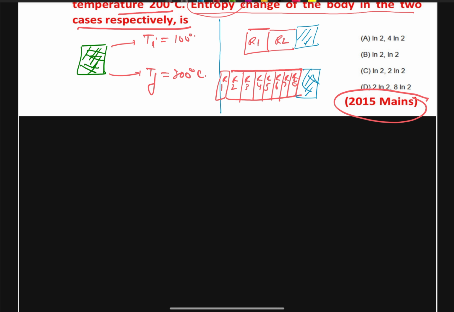In both cases, the initial temperature of the body is 100 and the final temperature is 200. So how the heat is being transferred doesn't matter, only the final states matter, that is 100 and 200 degrees centigrade.